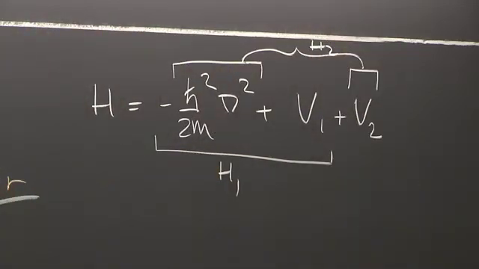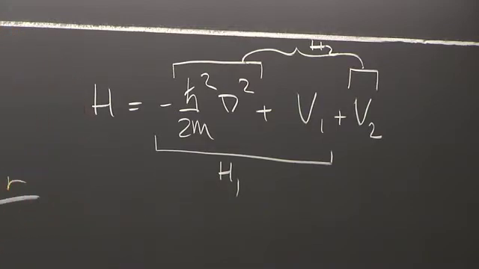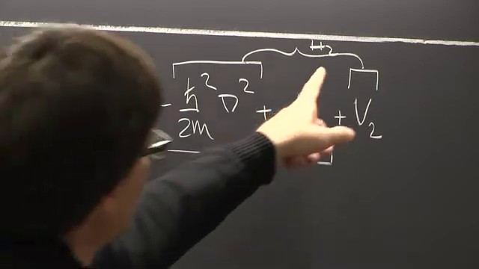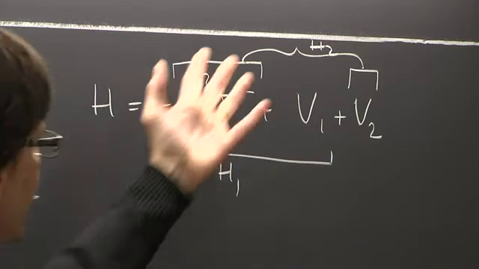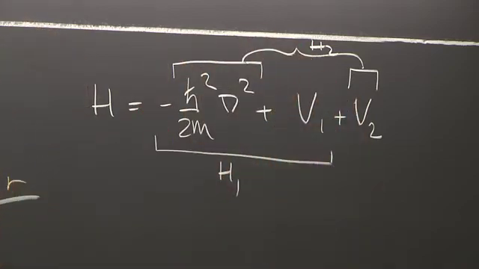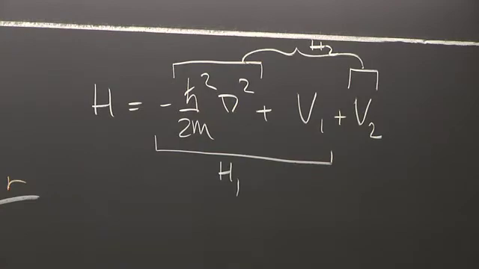In other words, if I solve Hamiltonian H1, I would get the solution for atom 1. If I solve Hamiltonian H2, I would get the solutions for atom 2. What I need to solve is something which is a combination of the two. Not the sum of the two, by the way. The potentials sum up, but the Hamiltonians don't sum up because I have the kinetic energy in both.